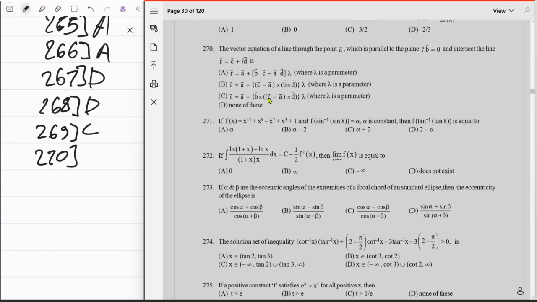It's perpendicular to B, and when you think about it, B cross D is perpendicular to B, okay, and that cross with C minus A can be anything in that case because we don't know for sure, okay.